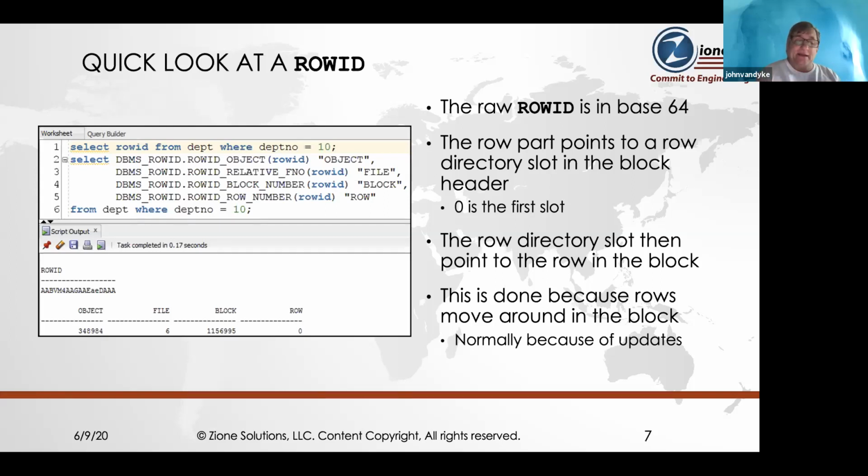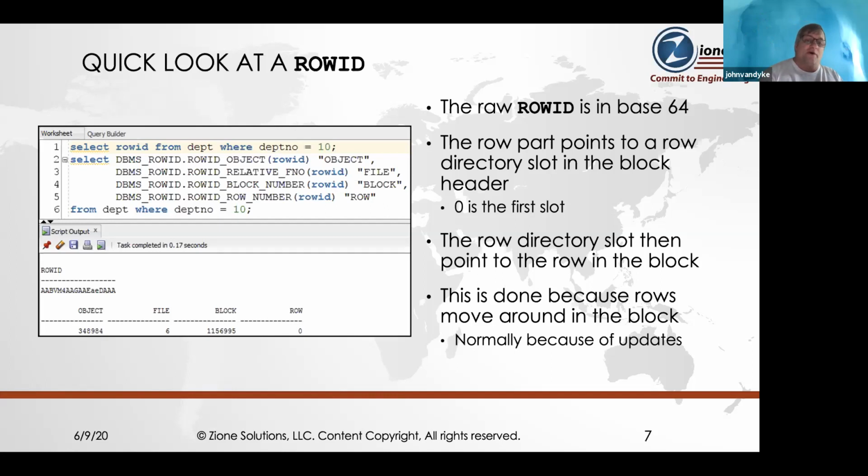It's actually a number. It's base 64, so Oracle had to come up with a whole bunch of letters to fill in the rest of the digits that aren't there from our base 10 numbering system. And really that last part, the row, is actually pointing to the row directory entry or slot number in the header of the block.